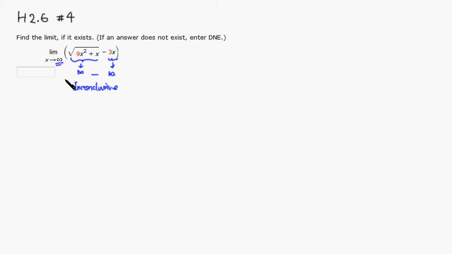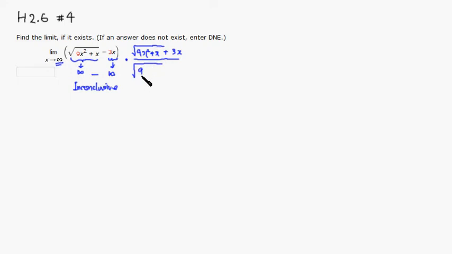So what you do is multiply top and bottom by square root of 9x squared plus x plus 3x. So it's the same thing except that the sign is positive. So we do the same thing down here.